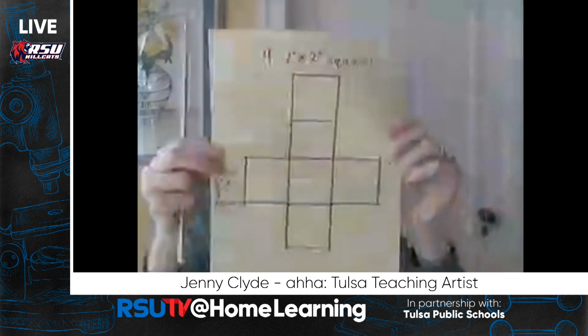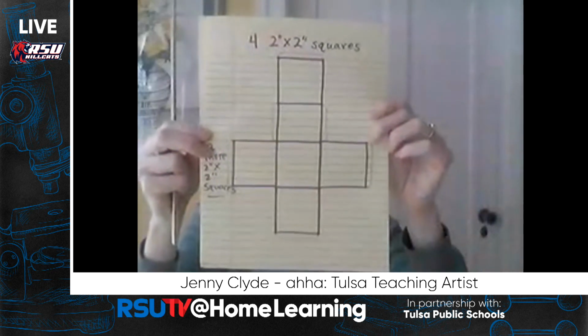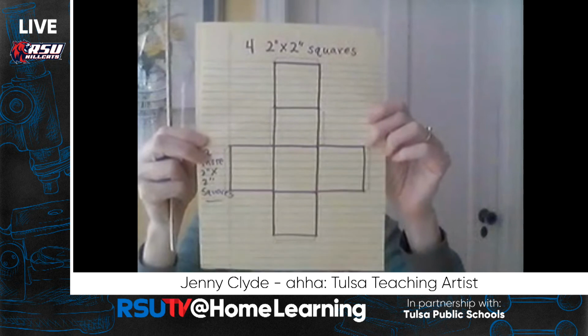Now you count down 1, 2, 3, and on the 3rd square, you're going to make 2 more 2-inch by 2-inch squares, one on either side of that 3rd square going down. Okay, so when you're finished, it should look something like this.